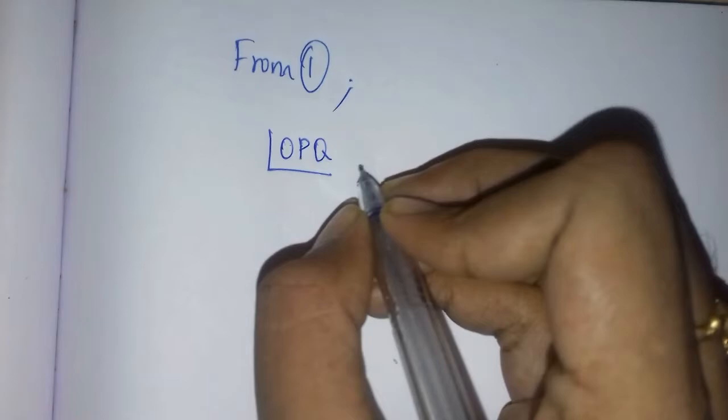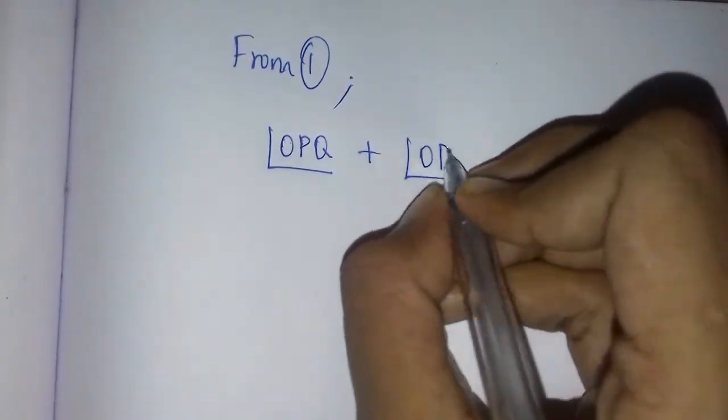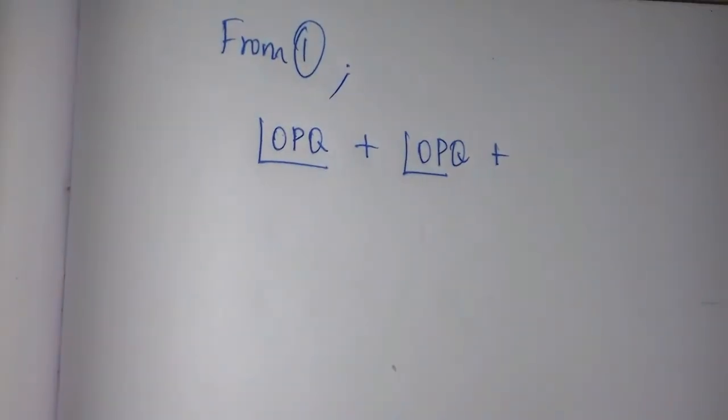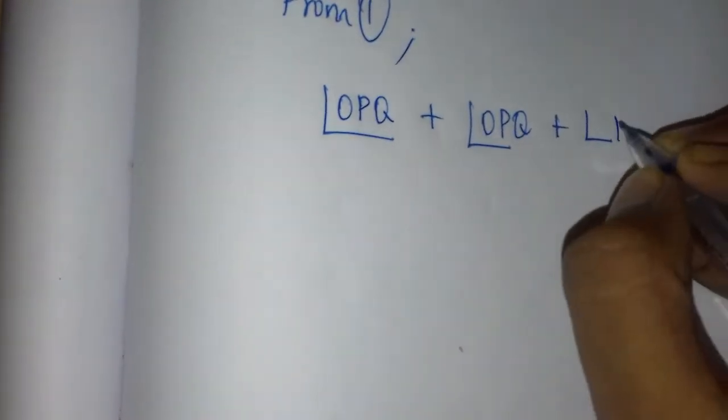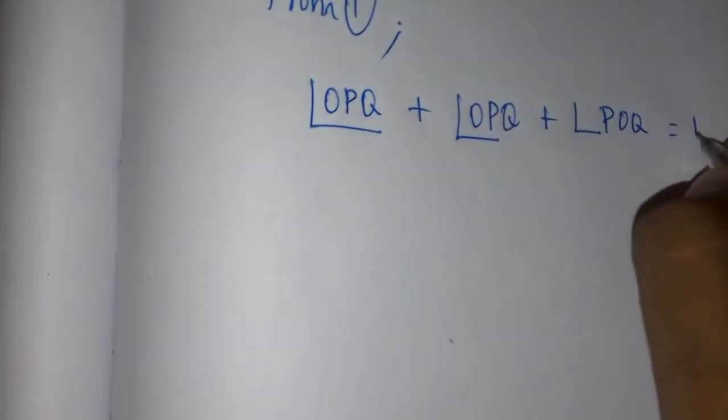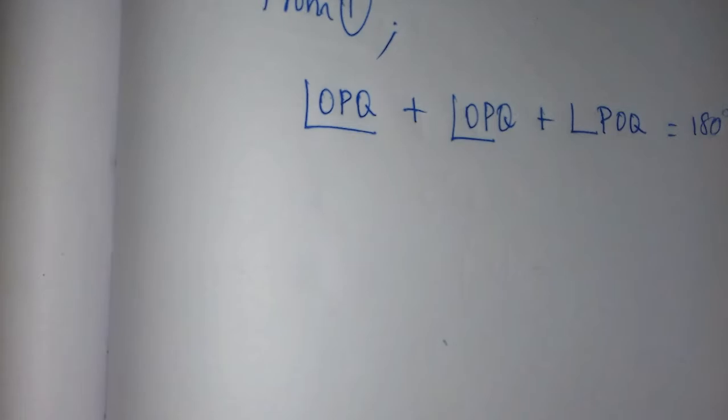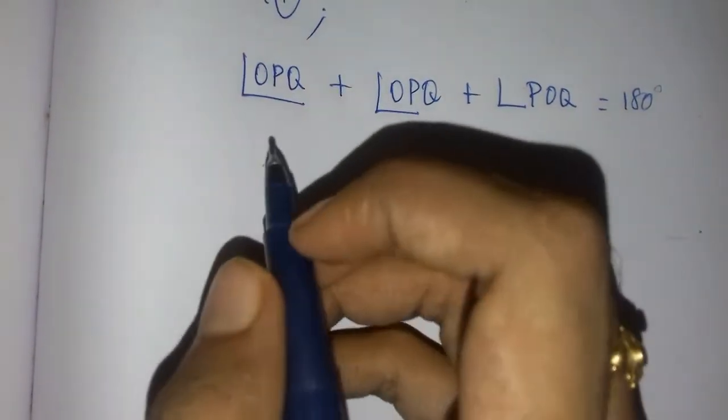From equation 1, angle OPQ plus angle OPQ plus what is the remaining angle? Angle POQ is equal to 180 degree. Here these two angles are equal.